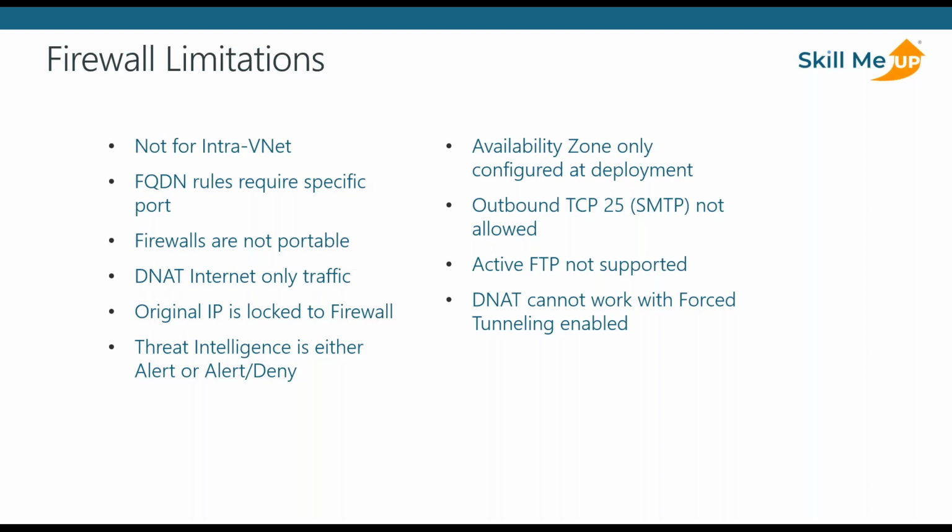So don't put your generic mass mailer behind Azure Firewall if you're expecting to send SMTP to resources out there. You can use SMTP over TLS, which is the best practice, but if you're expecting to use any old SMTP, you won't.